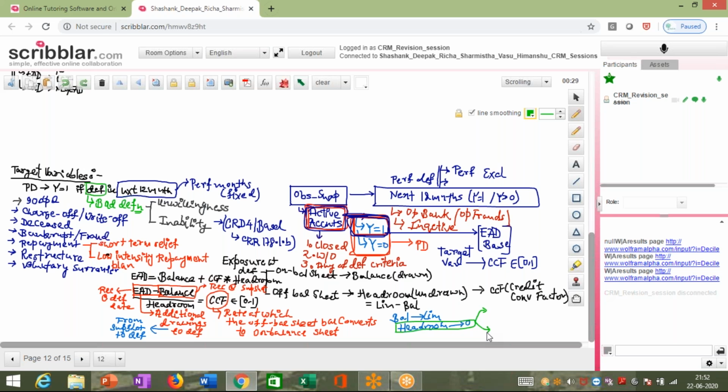So this headroom tending to 0 gives us two possibilities. One is a case of low volatile usage, low volatile customers, who have sufficient distance, who have a sufficient headroom.